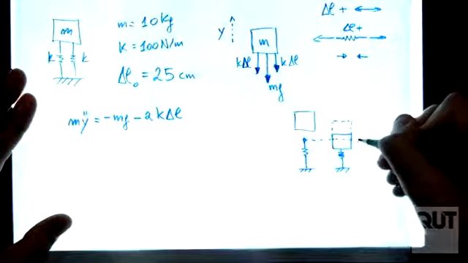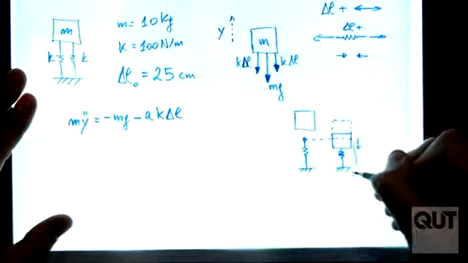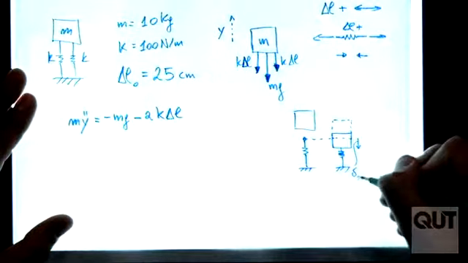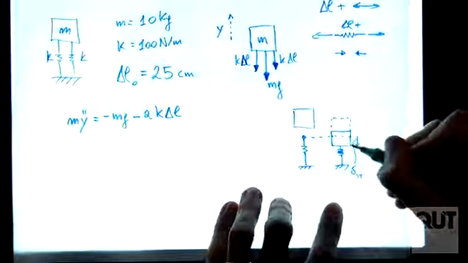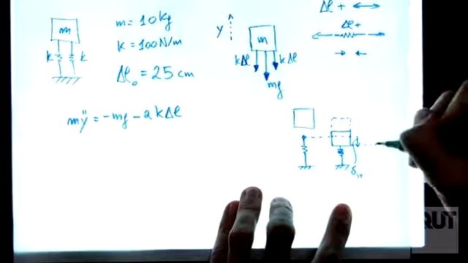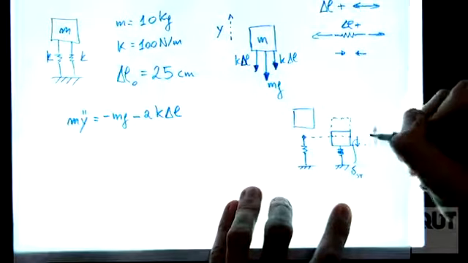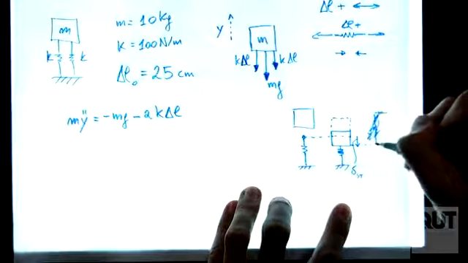So this I call delta static. Then from here, what happens? It vibrates. I don't know how much, but it vibrates. So let's say it vibrates by y, and it goes here. That's too big. Let's do a little y.